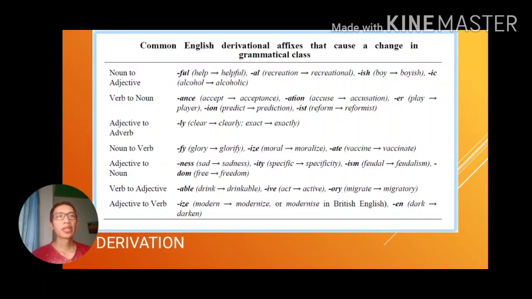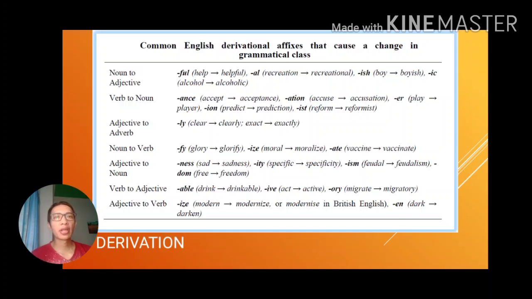There are some types of derivation in morphology. There are changes like noun to adjective, verb to noun, adjective to adverb, and noun to verb. We have some examples here. When we add suffixes like ful, it changes from noun to adjective, help into helpful, and al, recreation to recreational.